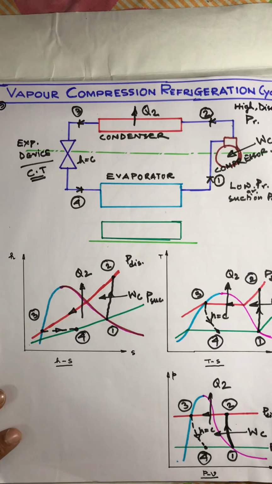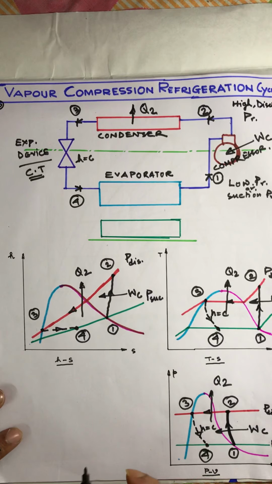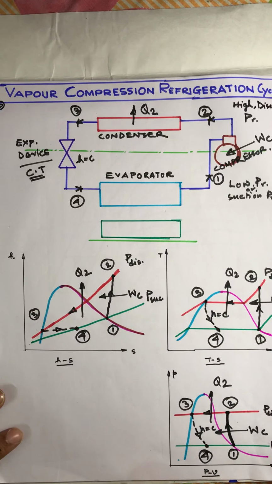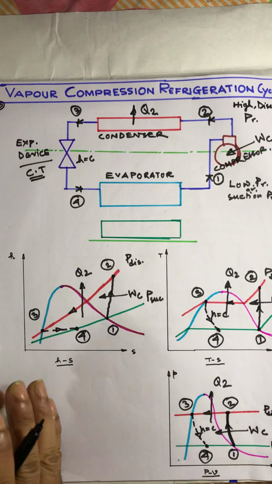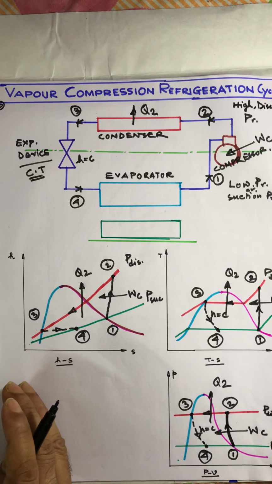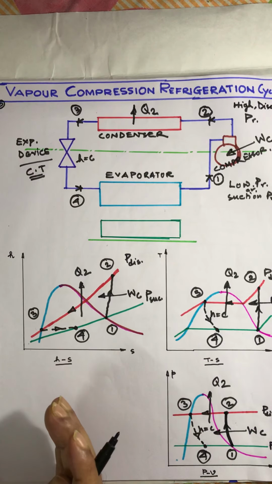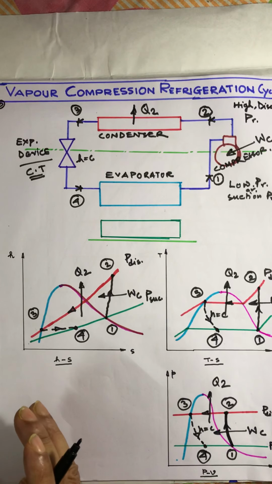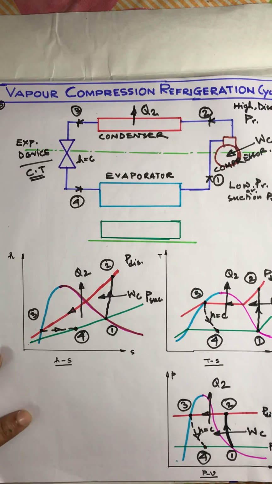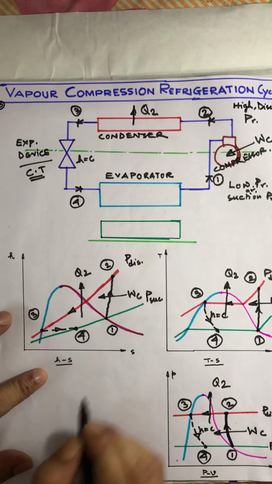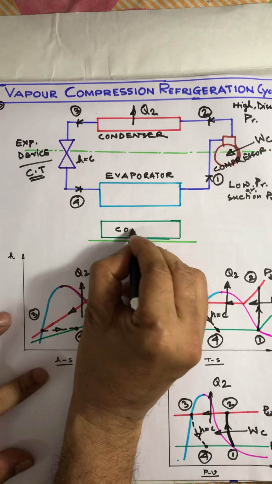due to the pressure drop the boiling point of the working fluid will drop, and due to the low boiling point, there will be a temperature difference between the working fluid and the air which is coming from the cold space. Let me make you understand, say this is the cold space.